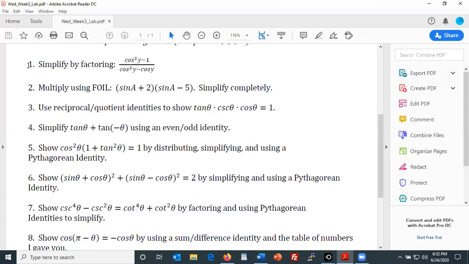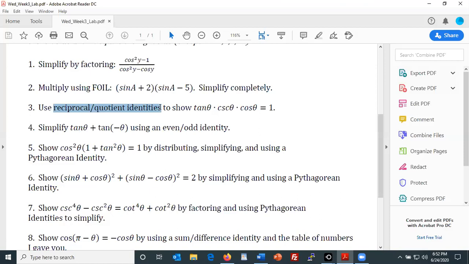All right, so numbers 1 and 2, all you're doing is going back to the algebra review and just simplifying a little bit. Number 1 says just factor and cancel out some terms and bring down what's left over. Number 2, just do FOIL and simplify. And look, number 3 here, this is where I start telling you what identities to use.